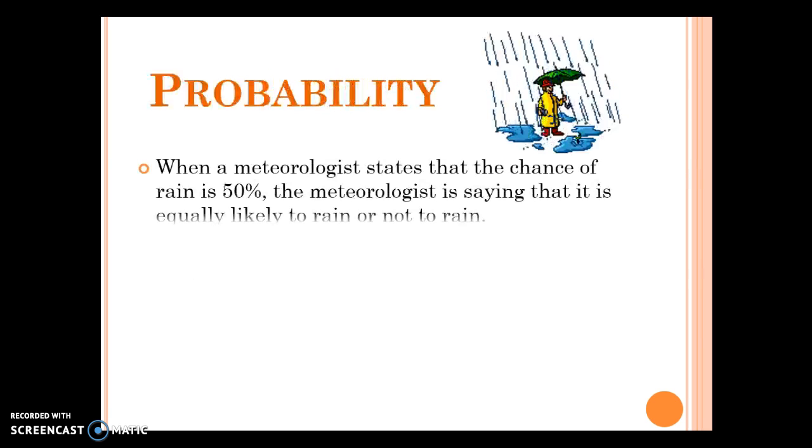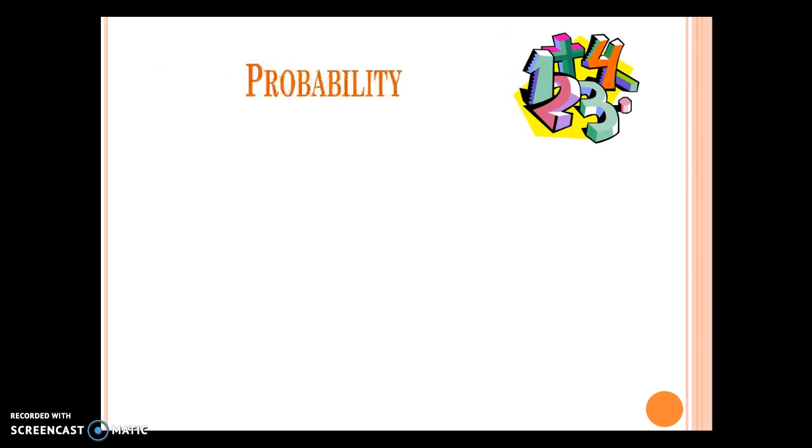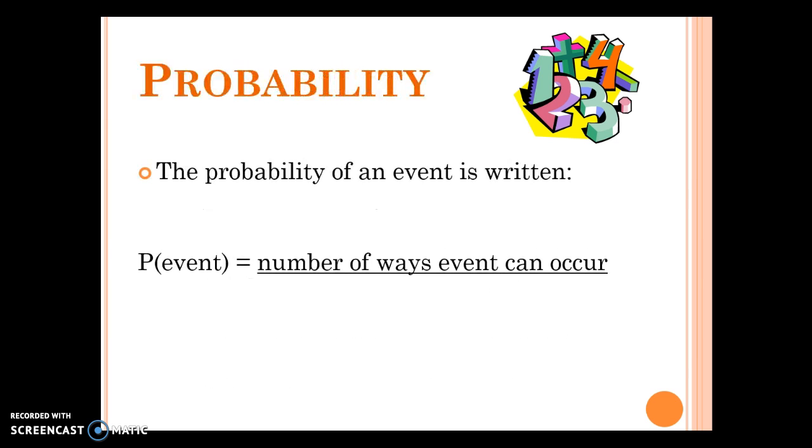And then another thing I saw that would need fixed would be how to write probability. I'm afraid that if a reader was being used, when it came time to the way probability should be written, it could read something like P parenthesis event equals number of ways event can occur, and then just go on to the next one, and it would be totally lost that it's supposed to be read the probability of said event is going to be a fraction that describes a number of ways an event can occur over the total number of outcomes.